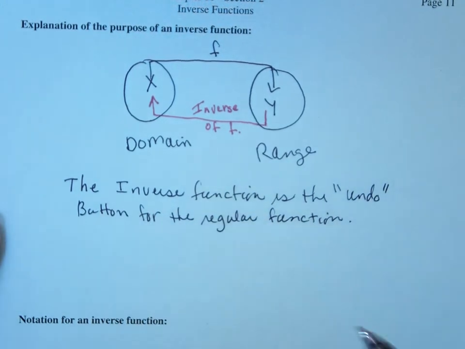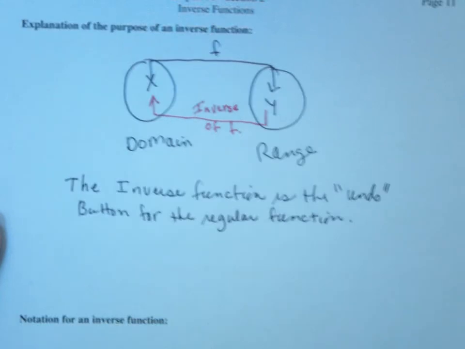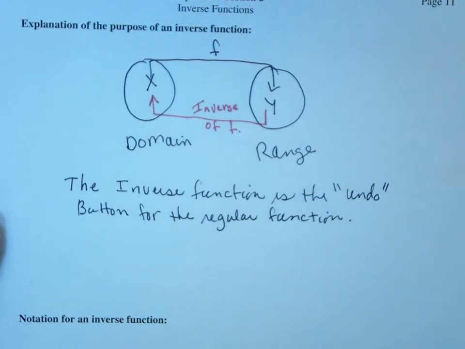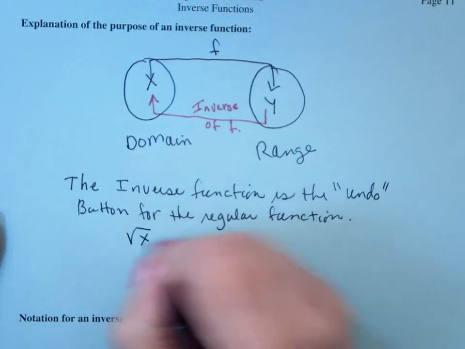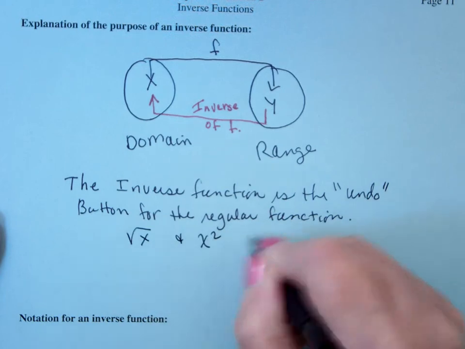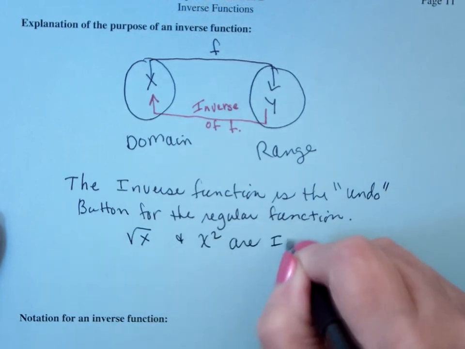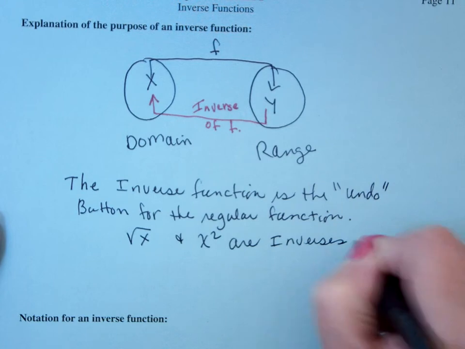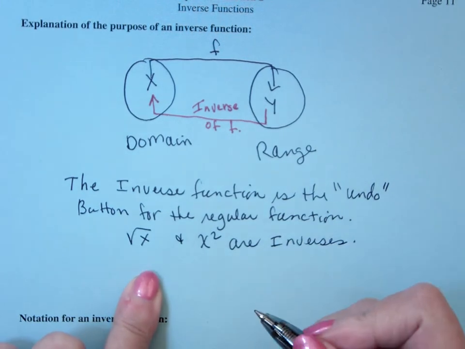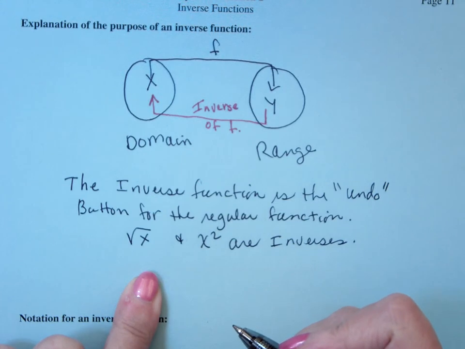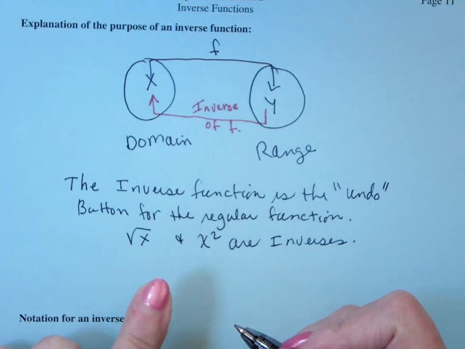So we have seen that before. It's the undo. We use it for equation solving. So the square root of x and x squared are inverses. Because how do I undo a square root? If I were solving an equation that involves a square root, what would I do?